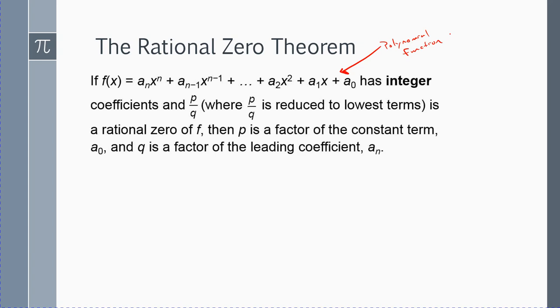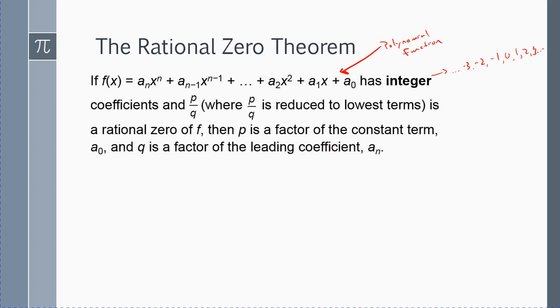Now, if it has integer coefficients, so a sub n minus 1, a2, a1, a0 are integers, they need to be integer coefficients. These are like -3, -2, -1, 0, 1, 2, 3.